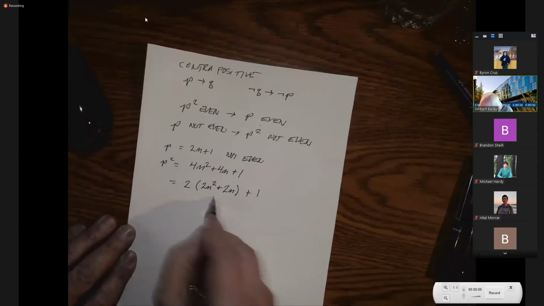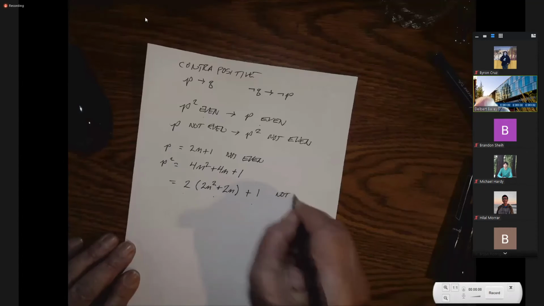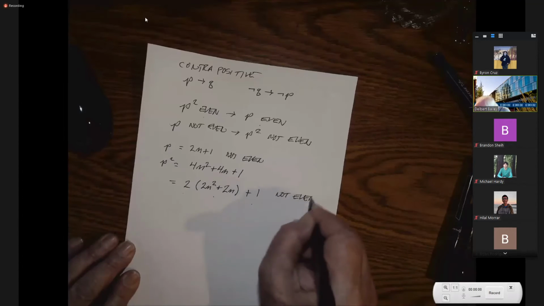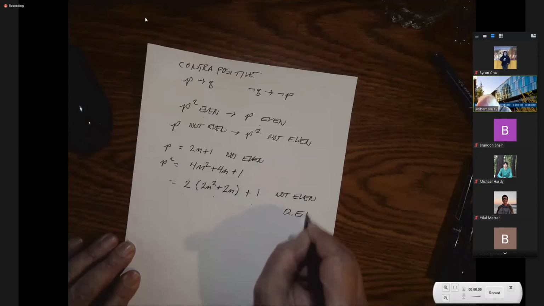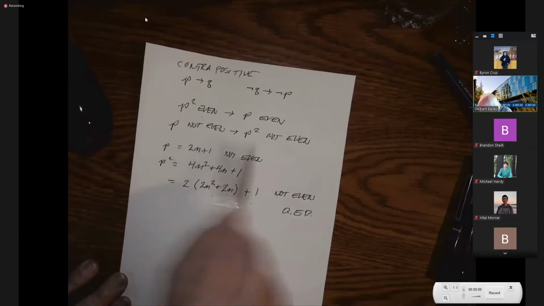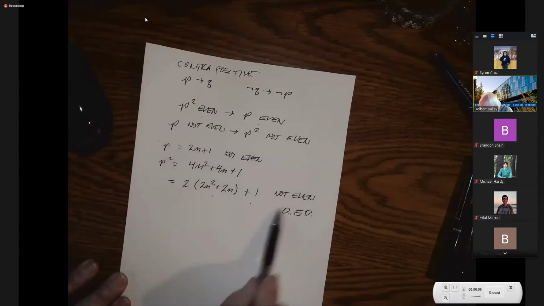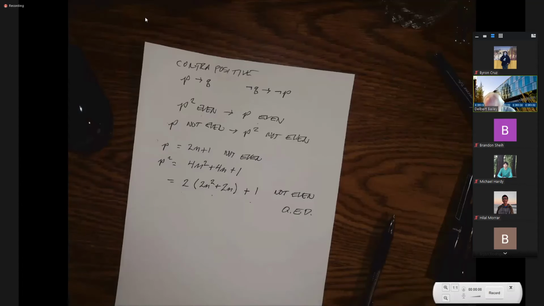So this is 2 times something plus 1. So we were able to show that p not even implies that p squared is not even in 3 lines, right? Any questions on that?